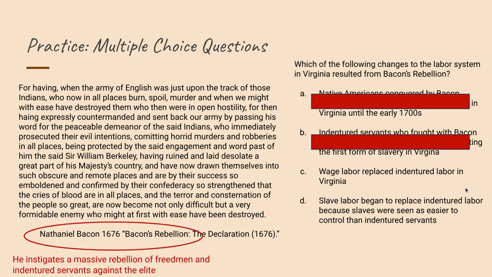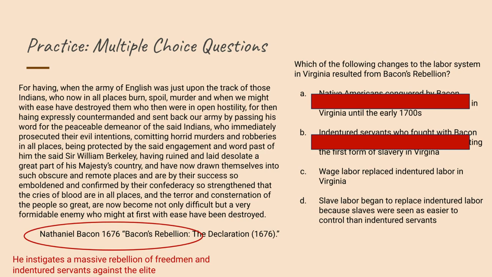Now, finally, wage labor replaced indentured labor in Virginia. Well, the number one reason why the planter elite, those who had already established successful plantations within Virginia, don't want to extend the land isn't necessarily all to do with Native American relations.